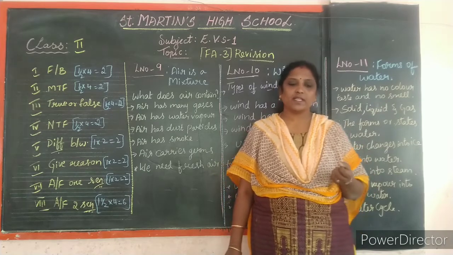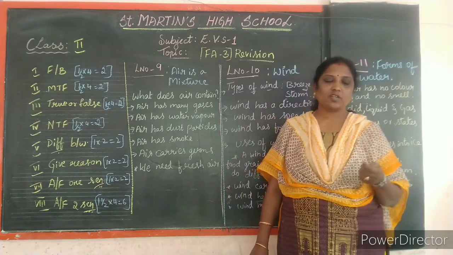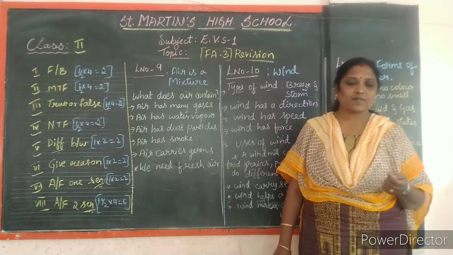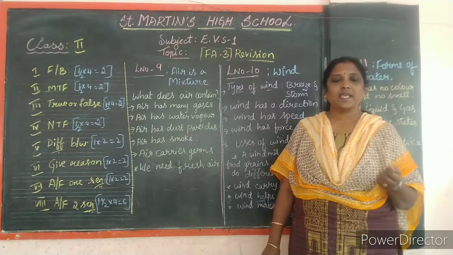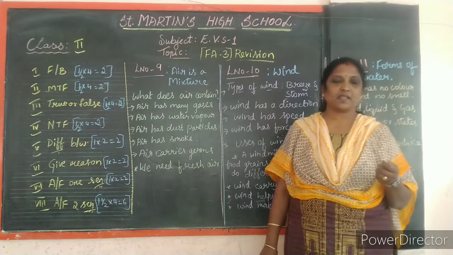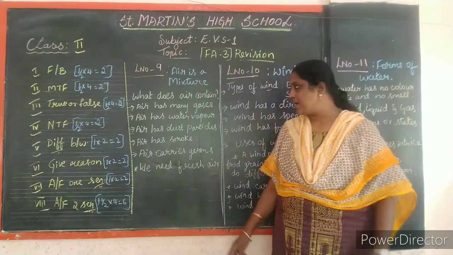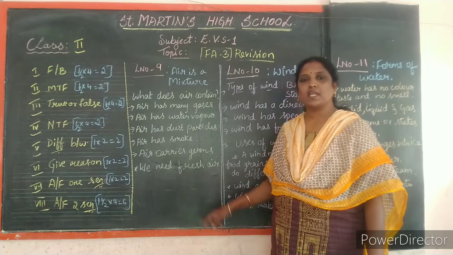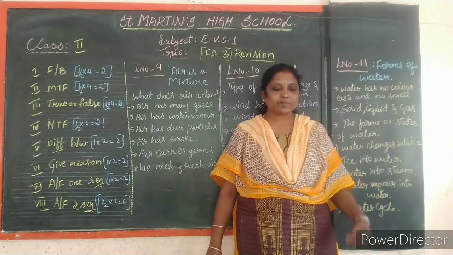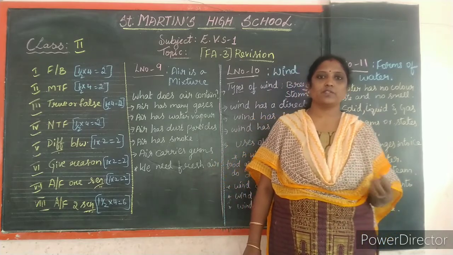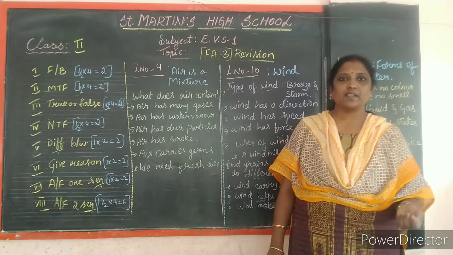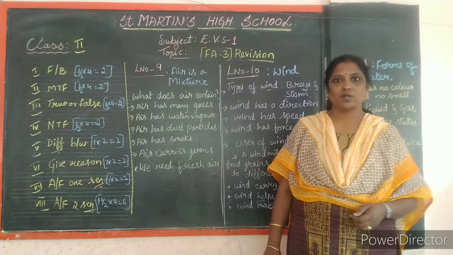They float in the air. When a sick person coughs or sneezes, germs from the cough mix with the air, and these germs can enter our body through the air and make us also sick, children. And we need fresh air to breathe, and we should grow more plants to get fresh air also.